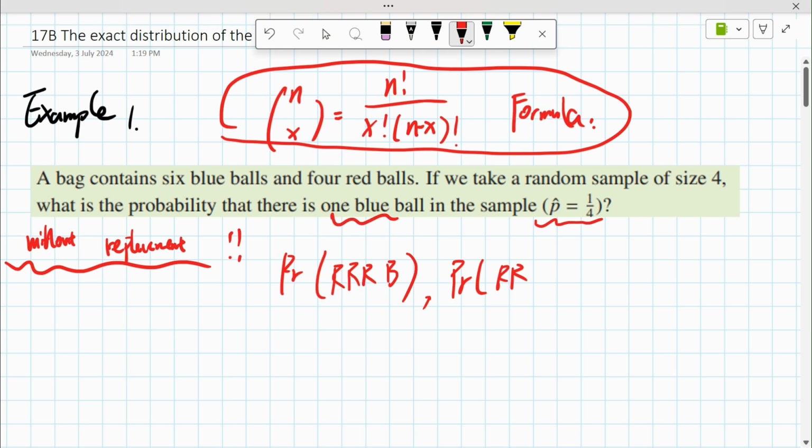Because it's one blue ball, it can be blue and red in different positions. And the probability of red, blue, red, red. And the last one will be blue, red, red, red. And you add all those together.